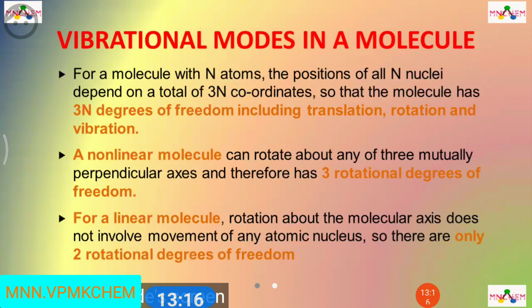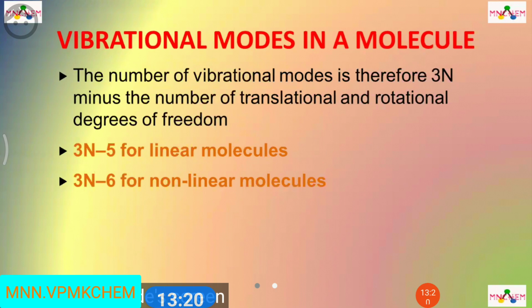And when we talk about the fundamental modes of vibration in a linear molecule, it can be calculated using the formula 3n minus 5. So for a linear molecule like carbon dioxide, n is the number of nuclei or number of atoms. Carbon dioxide has 3 atoms, 1 carbon, 2 oxygen. So if I substitute n equal to 3, then the number of modes of vibration in carbon dioxide will be 3 into 3, 9 minus 5, equal to 4.